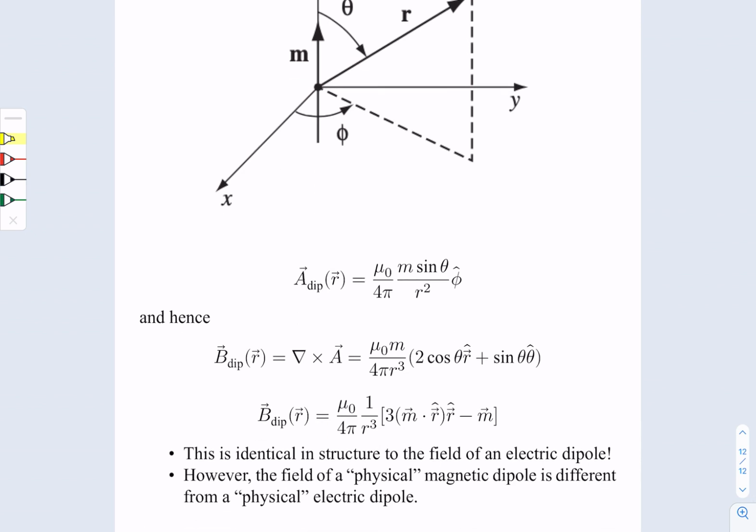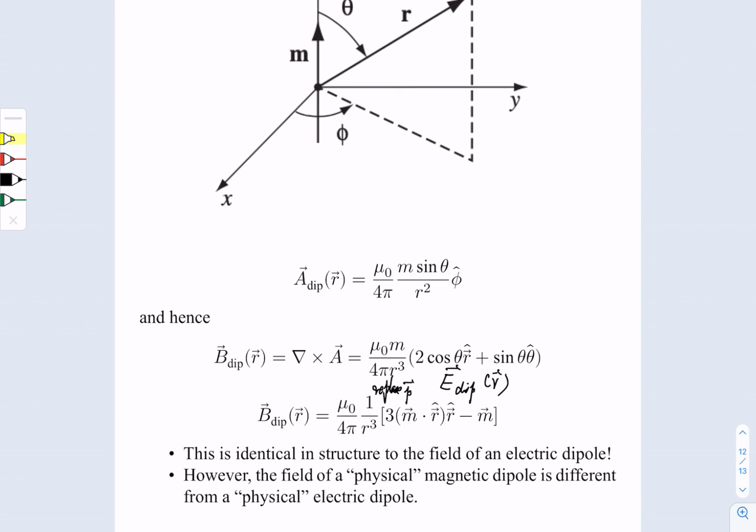If you recall the expression for the electric dipole, you simply replace the P by M, and this gives you the exact same expression as the electric dipole. So from this point of view, the electric dipole is really similar to the magnetic dipole.